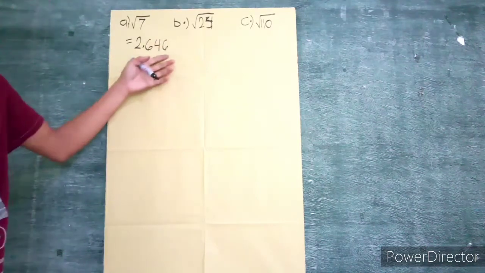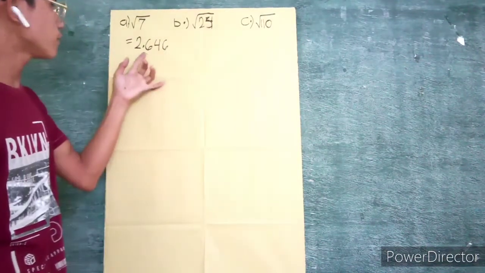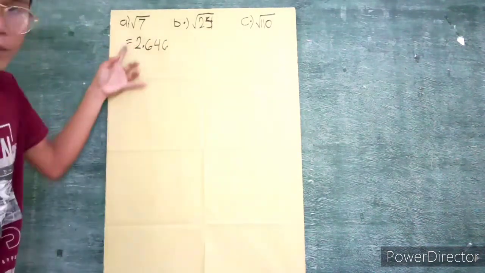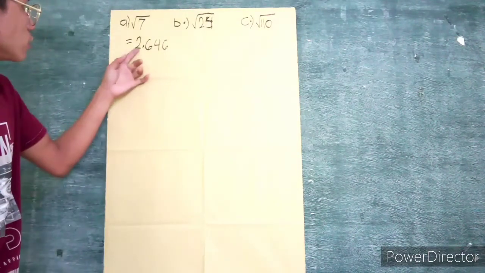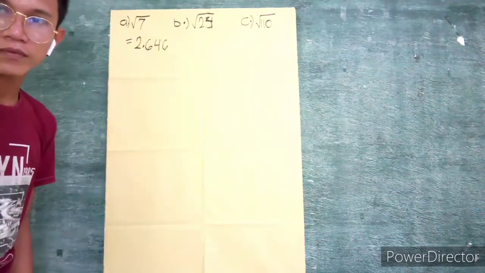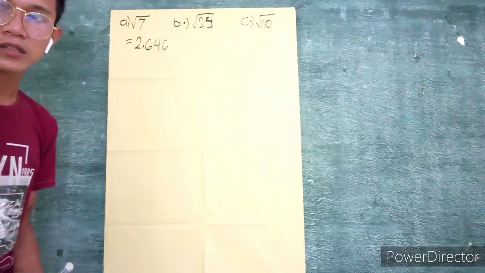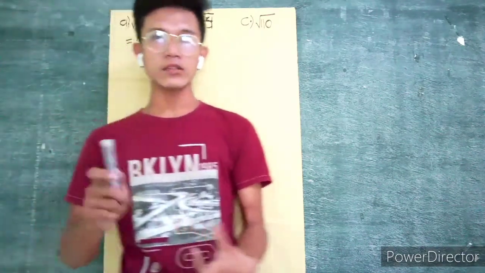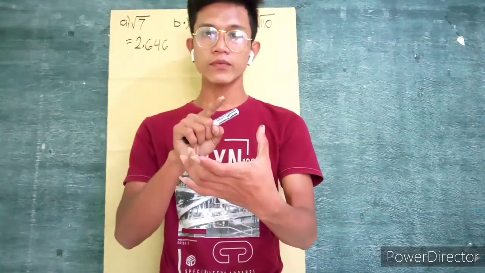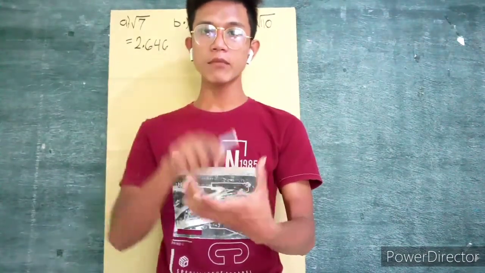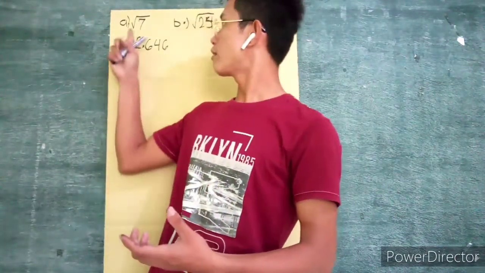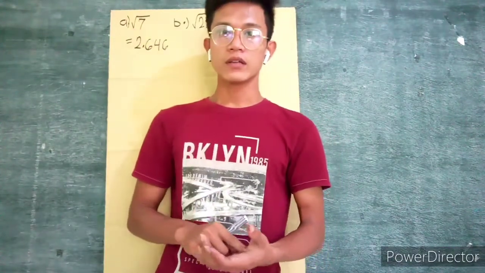Okay? 2.646. That is the answer for this example, square root of 7. Okay? Using calculator. So, when you are using calculator, just press the square root symbol or the radical symbol, and then equals. So that is the answer.